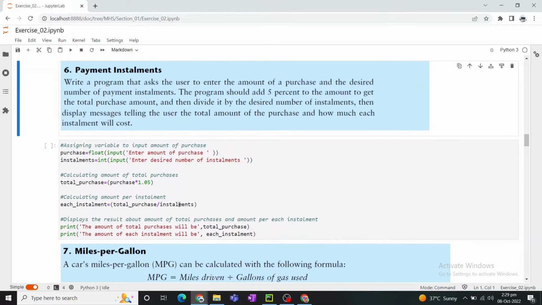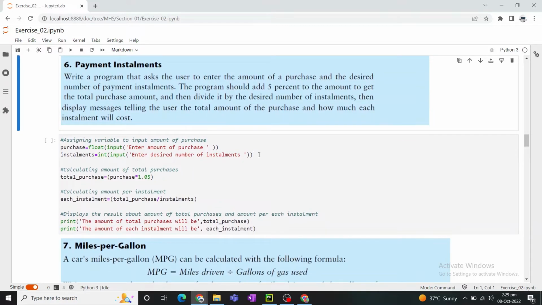Okay, so we are taking the amount that we have to purchase, the loan amount, and we have to enter the number of installments that we wish to pay.